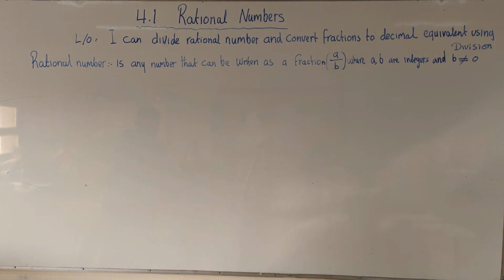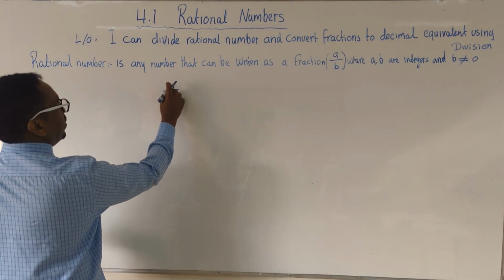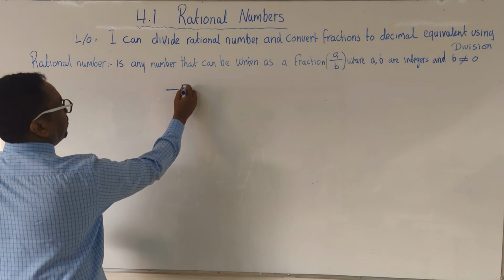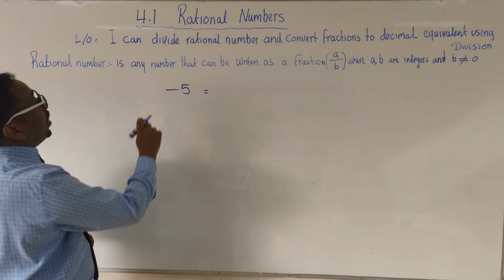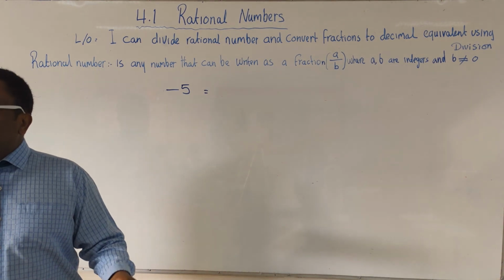If I have a number, and I give you to write it as a fraction, for example, if I have minus 5, can you write that number as a fraction? Yes, you can.